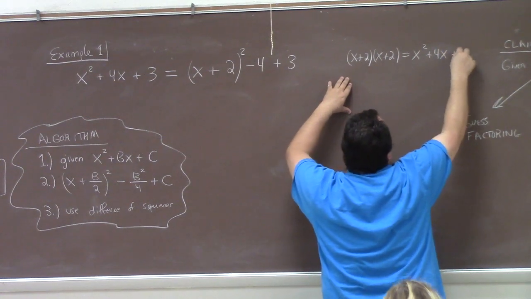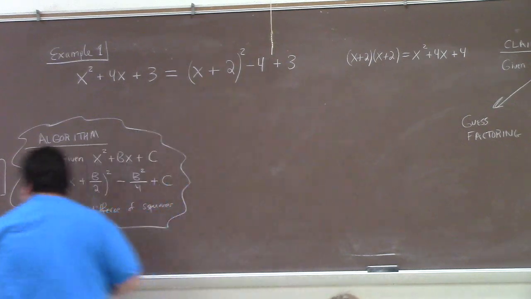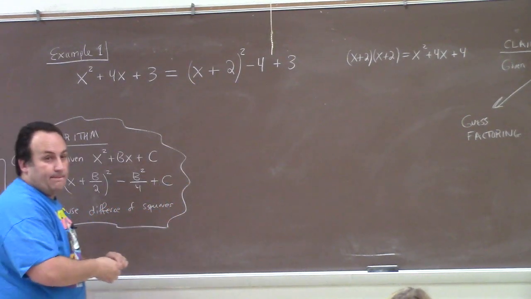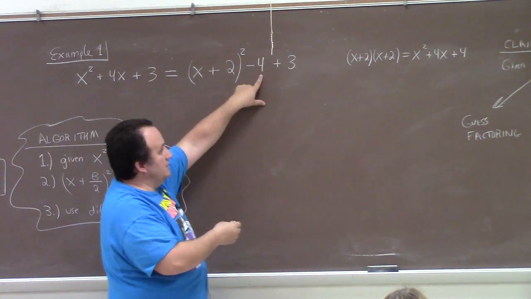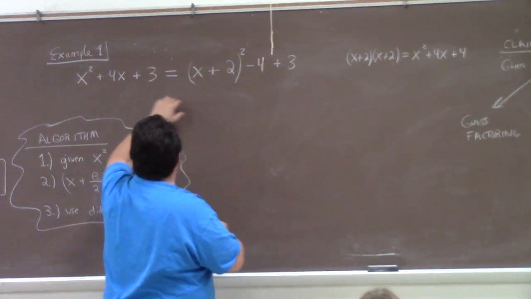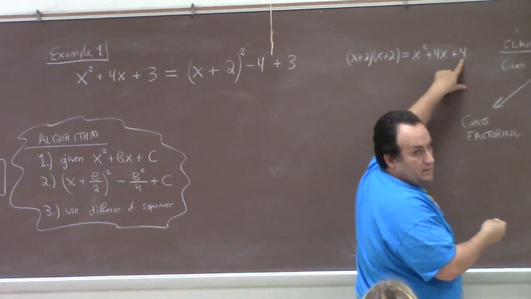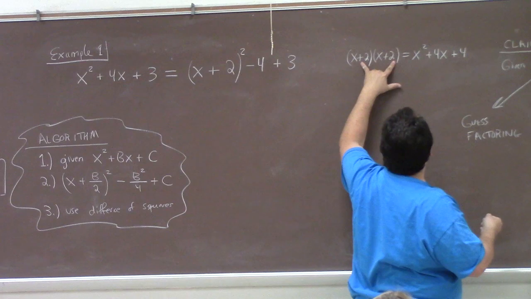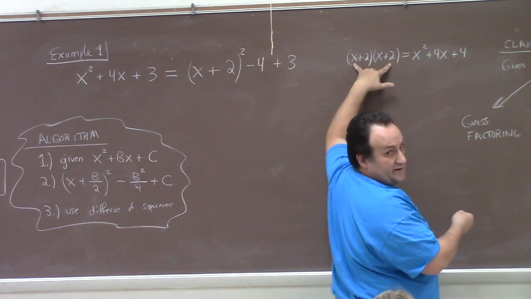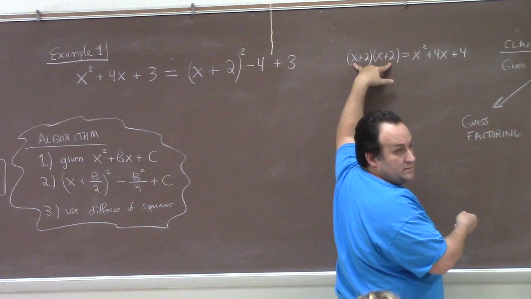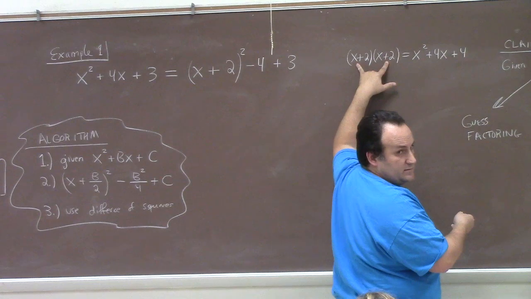Where does that come from, 2 times 2? The other one's FOIL. I mean, it's 2x plus 2x, which is 4x. Just multiplying.